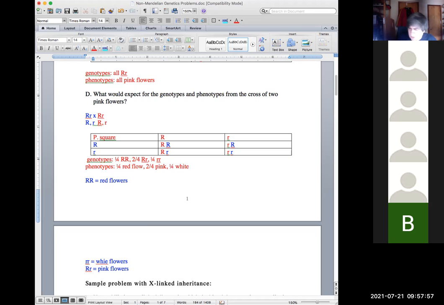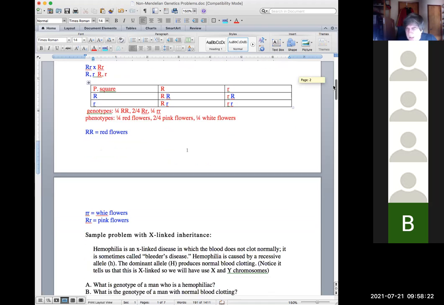Oops, I guess I should write flowers in here. Now notice, instead of fractions, if you prefer, you could write decimals. Or if you've had math and you know what frequencies are, you could write frequencies, which would be 0.25 and 0.50 and 0.25, basically a decimal representation.